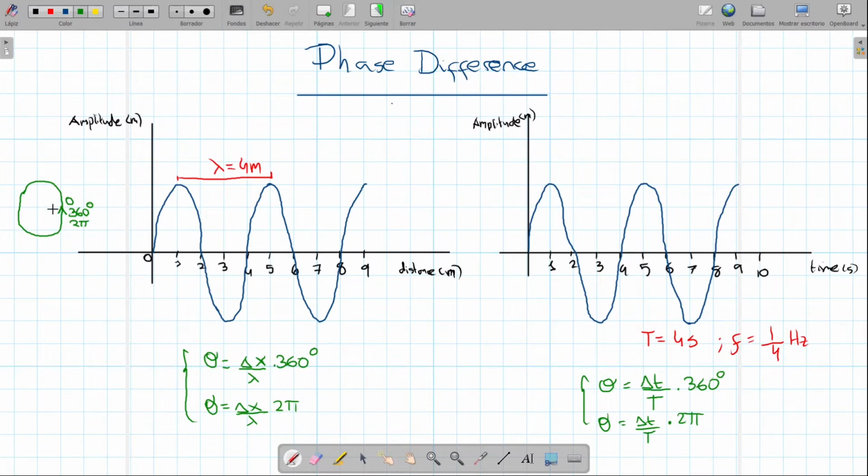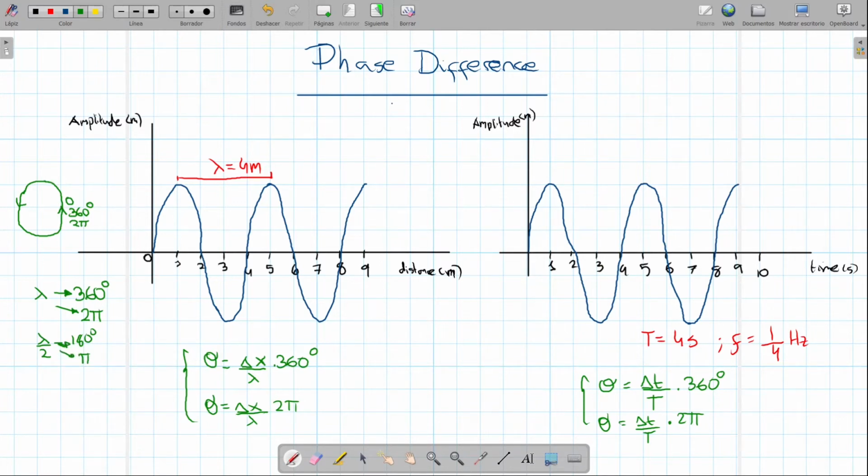So we consider that in a wavelength it's doing a complete oscillation, so it's going to travel through 360 in its phase, 360 degrees, or 2 pi. When it goes half a wavelength, that's obviously 180 degrees or pi.